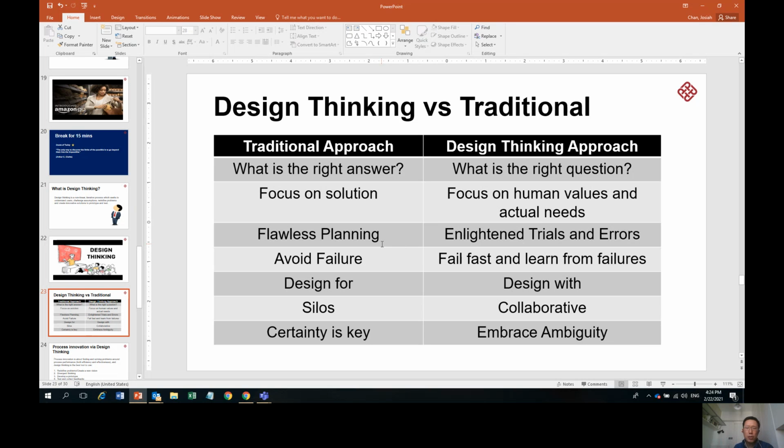But design thinking embraces trial and error. They know that the world is not perfect. You usually need to make mistakes before you can learn lessons, discover new things, and correct your errors to move on to better solutions.